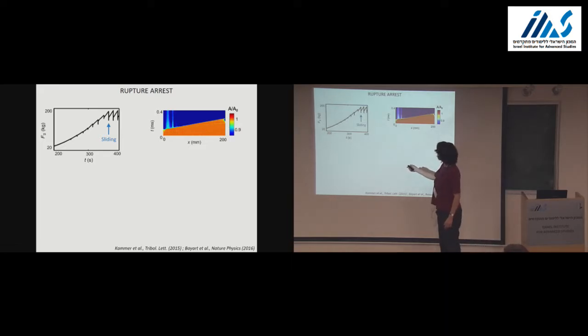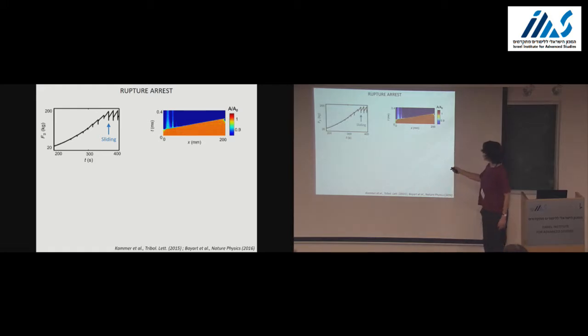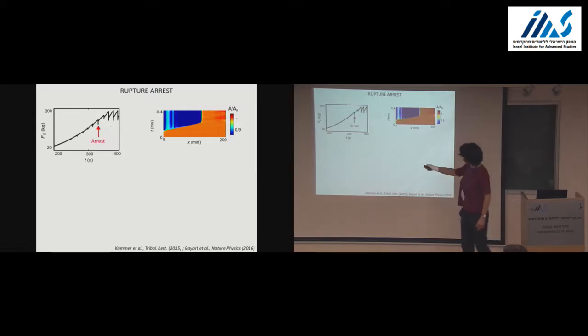Then we've seen that the transition from stick to slip is mediated by a rupture front traversing the interface. But I gave you a teaser that we also have arrested ruptures. You see here during the loading these tiny drops of force are actually induced by this kind of partial rupture of the interface, which is arrested before it reaches the other side.